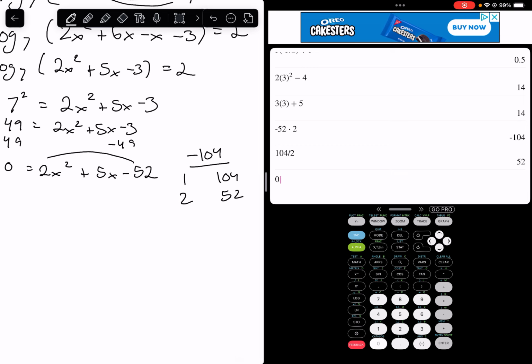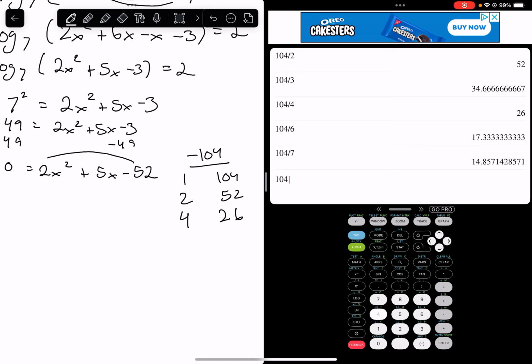I don't think 3 is going to work. And remember, when you don't know the answer, just start with 1, 2, 3, and just keep going until you figure it out. So obviously 3 is not going to work there. 104 divided by 4 should work. We get 4 and 26. 5 won't work. 6 doesn't work. 7 doesn't work. 8 does work.